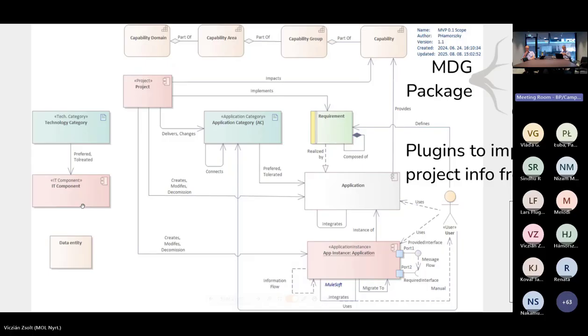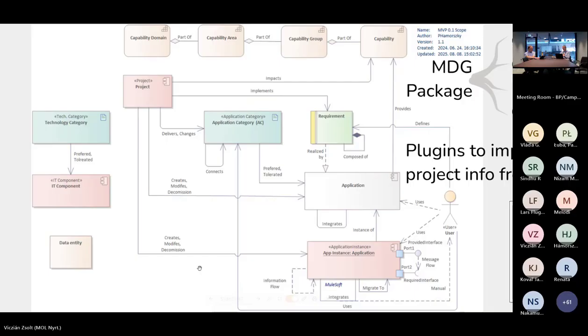And we differentiated two types of IT components. For example, you have .NET 3.5 and you have .NET 9. In our case, .NET 3.5 is a tolerated technology, and .NET 9 is the preferred technology. So with this model, we were able to model the technology standardization, and we were also able to generate documentation from those connections.